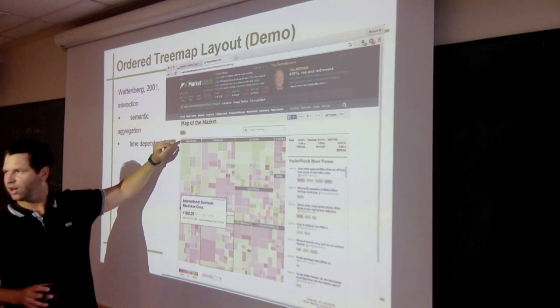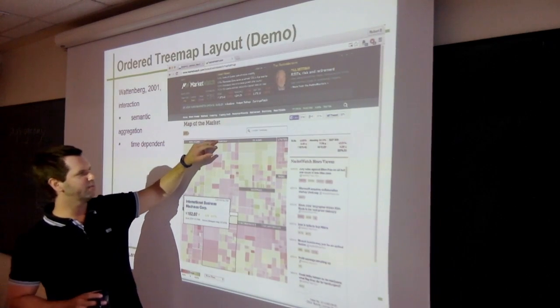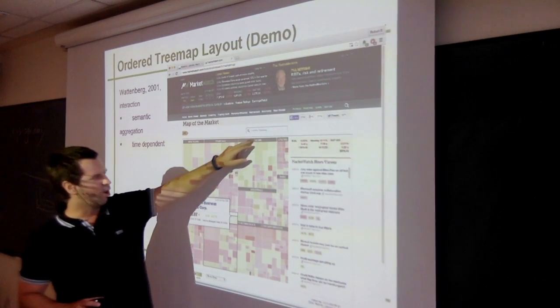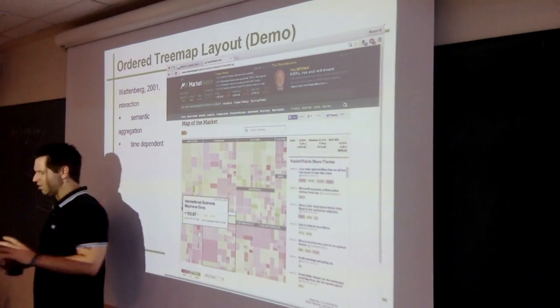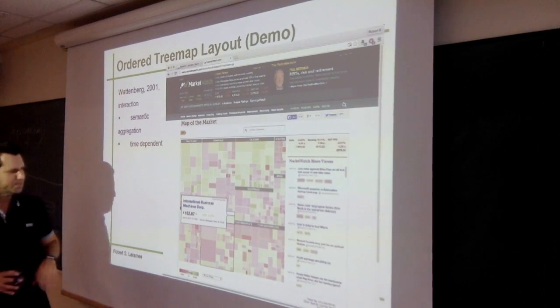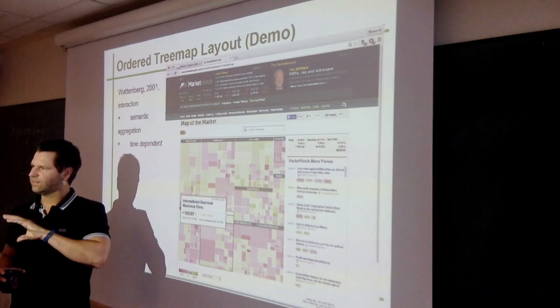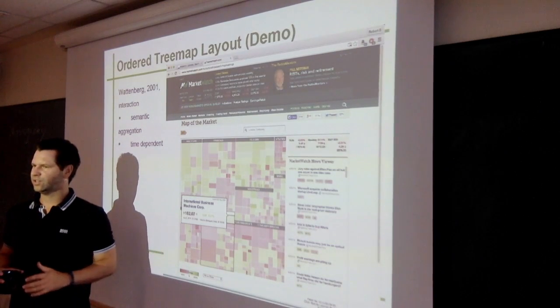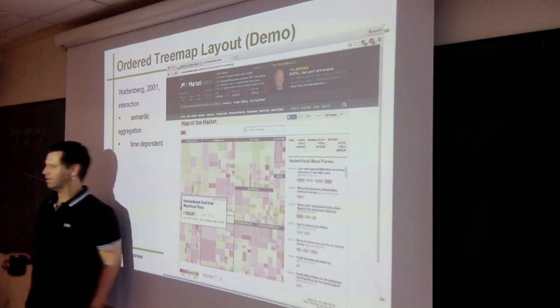All the healthcare companies are grouped together, finance companies, automotive companies, and all the different sectors are grouped together. It's absolutely brilliant, and you can see in just 2 seconds what's happening in the stock market.